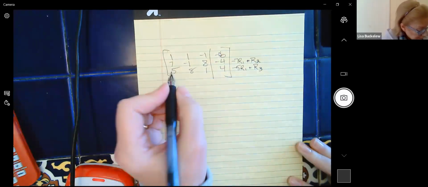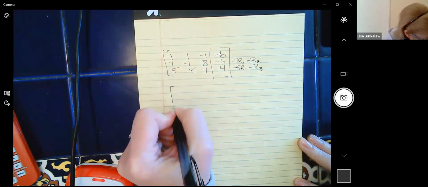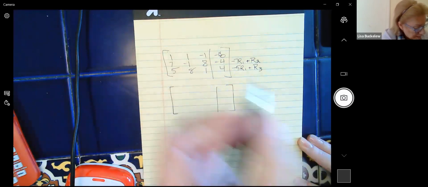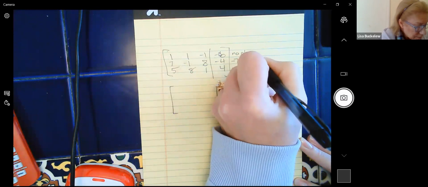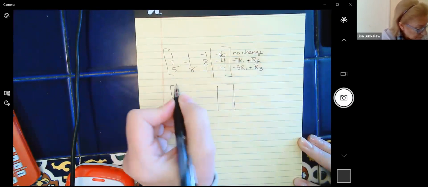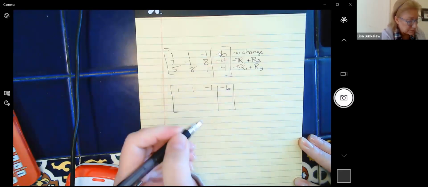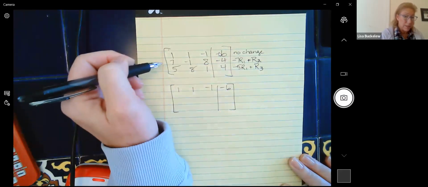So I'm going to go ahead and write a kind of running version of my new equation again. There's nothing written next to the top row, so that means there's going to be no change when I write my new version where I've done these adjustments. Okay, now here's what we're going to do.